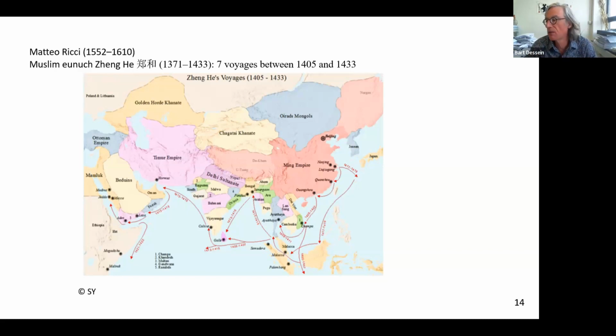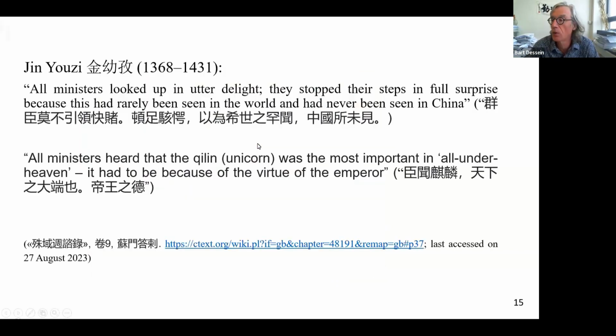Also in this period, very similar to what we have seen for the Tang dynasty, these contacts with the world outside or beyond the seas were perceived and interpreted in a Confucian way. And the following quotations testify of this.